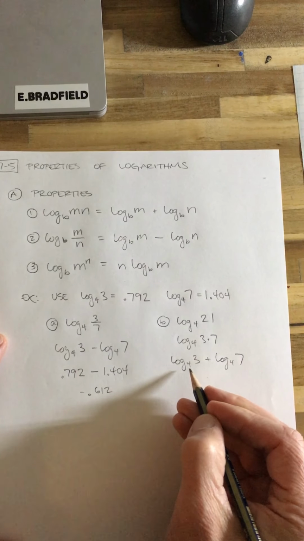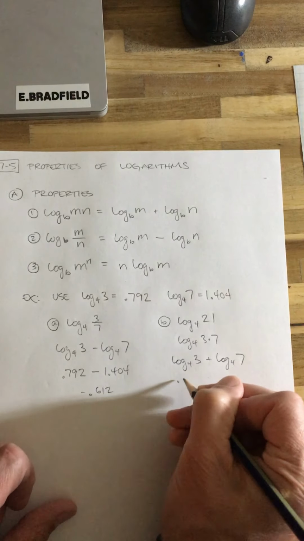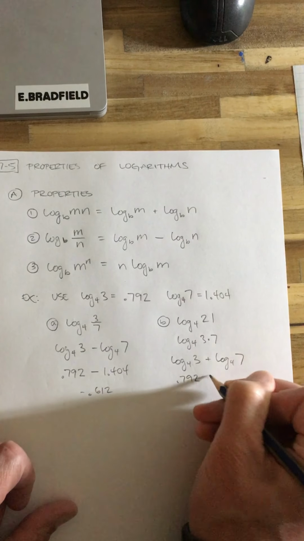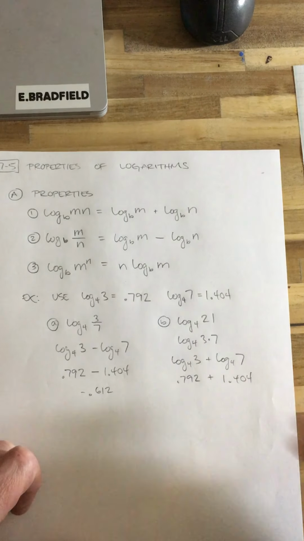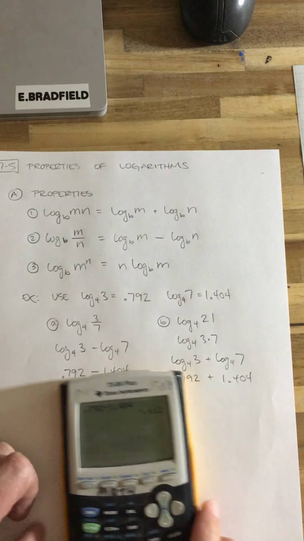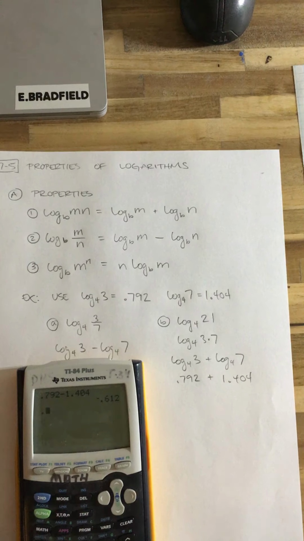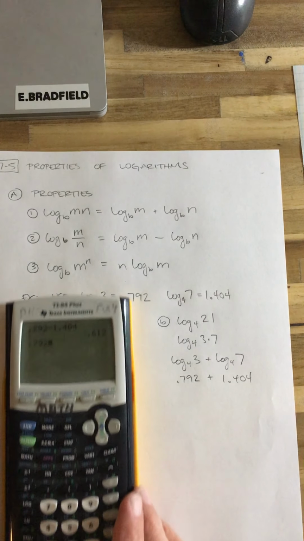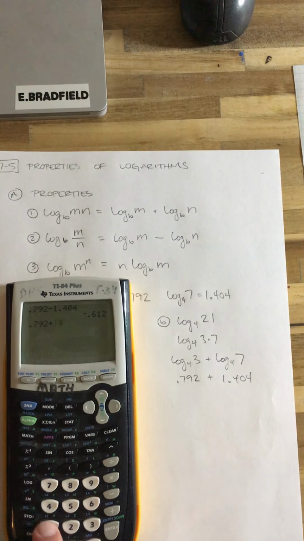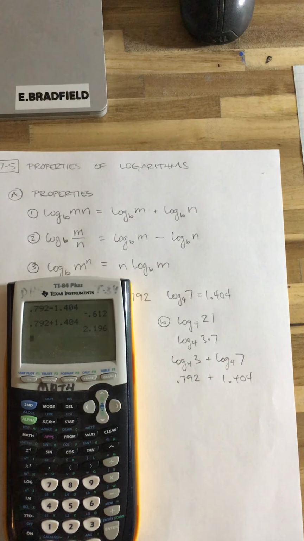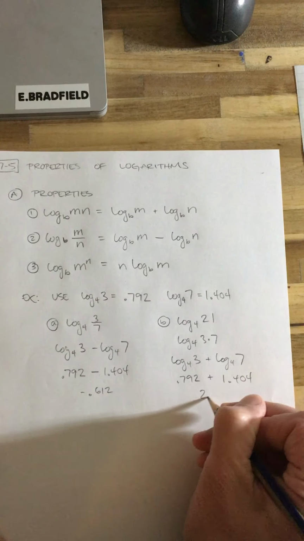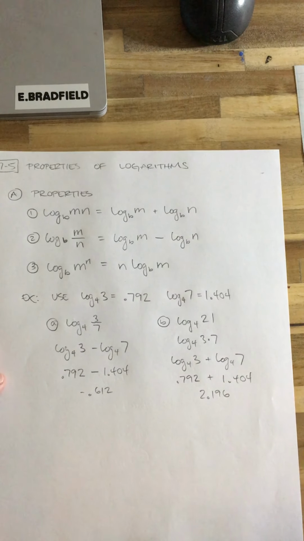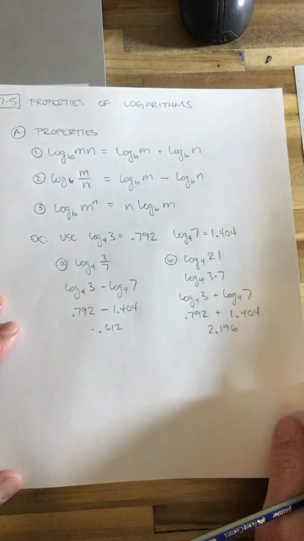The log base 4 of 3 is 0.792, plus the log base 4 of 7, which is 1.404. Now just add those together: 0.792 plus 1.404, and we get 2.196. So these aren't as mysterious as they seem.